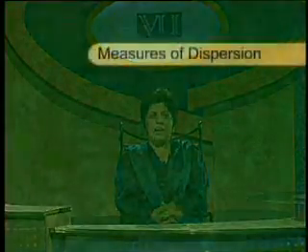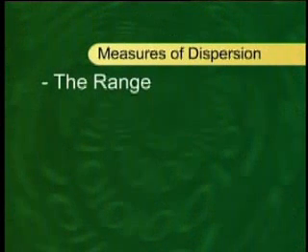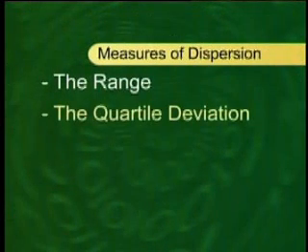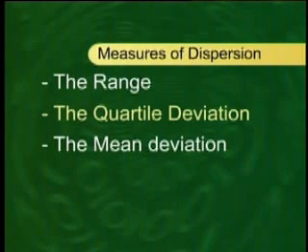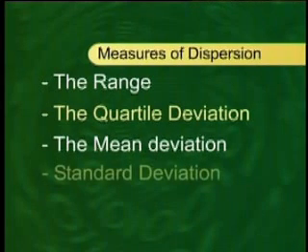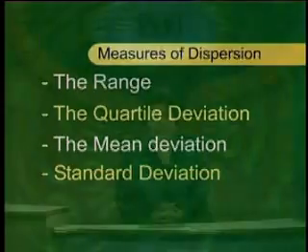I will discuss with you 4 very basic and important measures of dispersion. These are the range, the quartile deviation, the mean deviation, and the most important and the most widely used, that is the standard deviation.